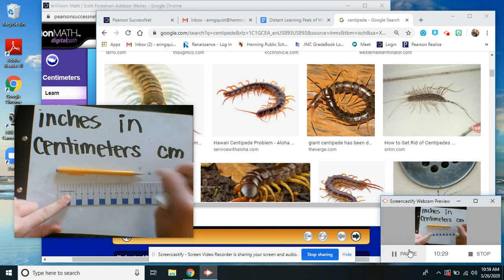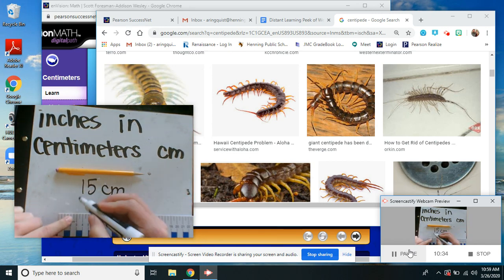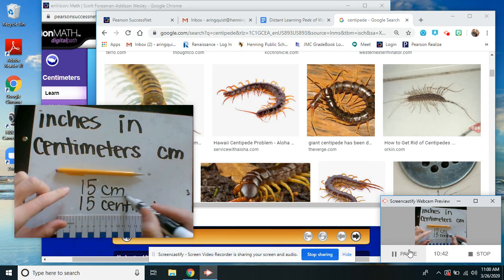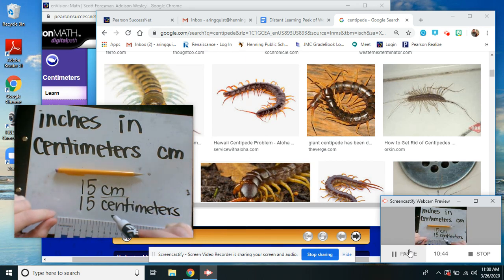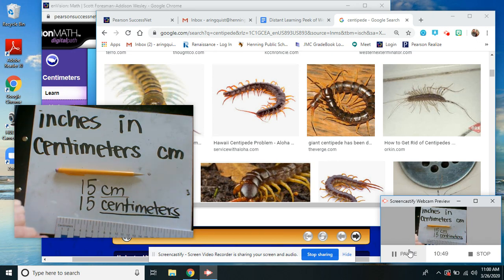So I can either put 15 cm or 15 centimeters. The reason why we can put cm is because it saves us time versus writing out the whole word centimeters.